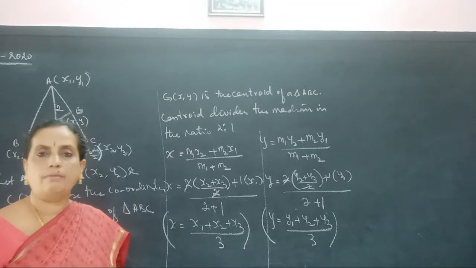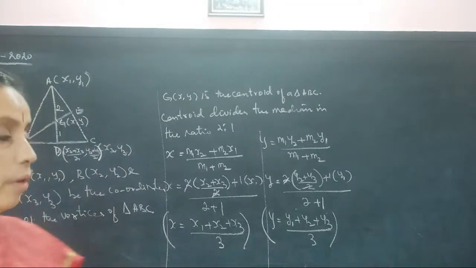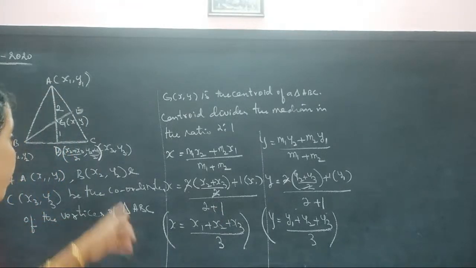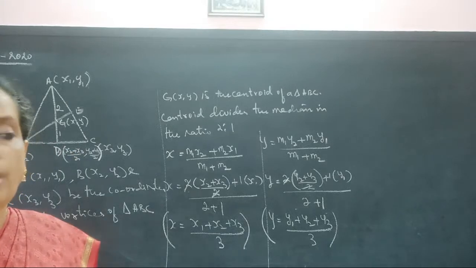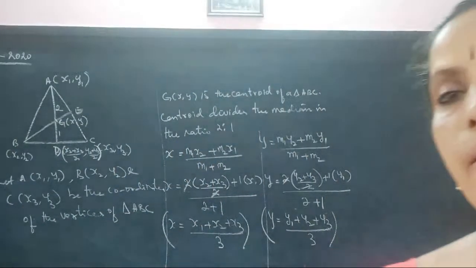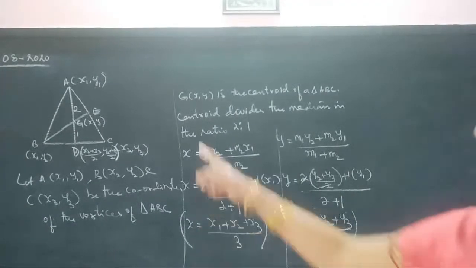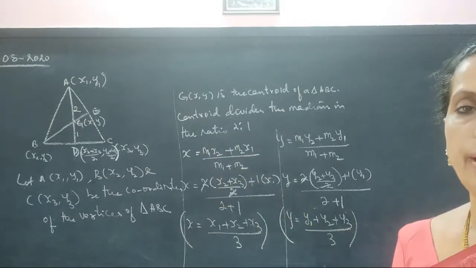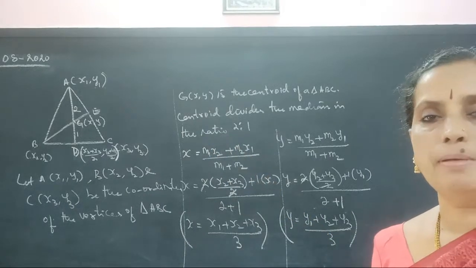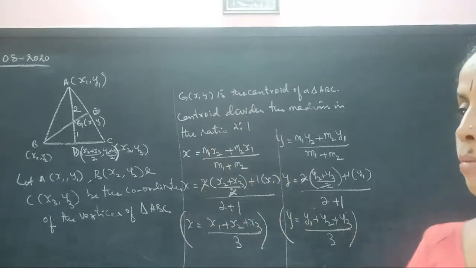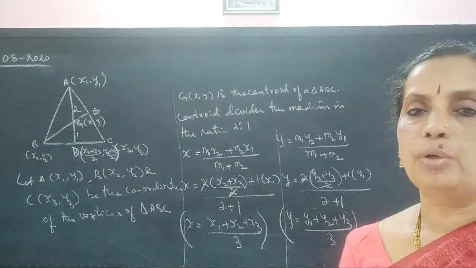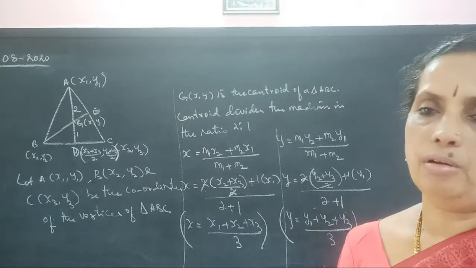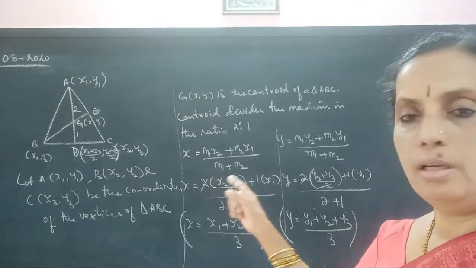That means when we know the coordinates of the vertices of a triangle, we can get the coordinates of its centroid, where the centroid is the point where the medians intersect. The point of concurrence of medians is centroid. And one more point you have to keep in mind, centroid divides the median in the ratio 2:1. Based on that, we have derived the centroid formula using the section formula.